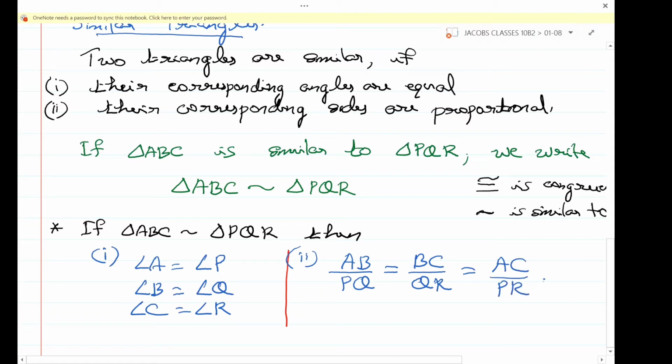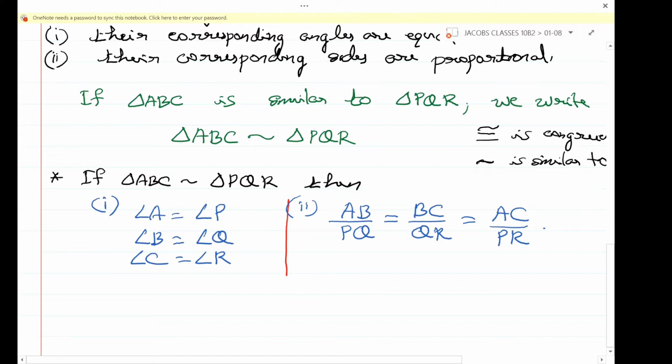So this is there in similarity. The second point, please note down: their corresponding sides are proportional. Is it clear? All of you understood that one? The second part? The first part is their corresponding angles are equal.